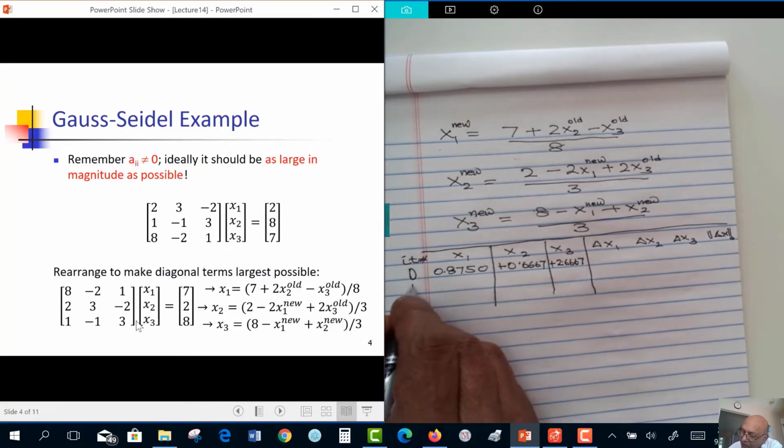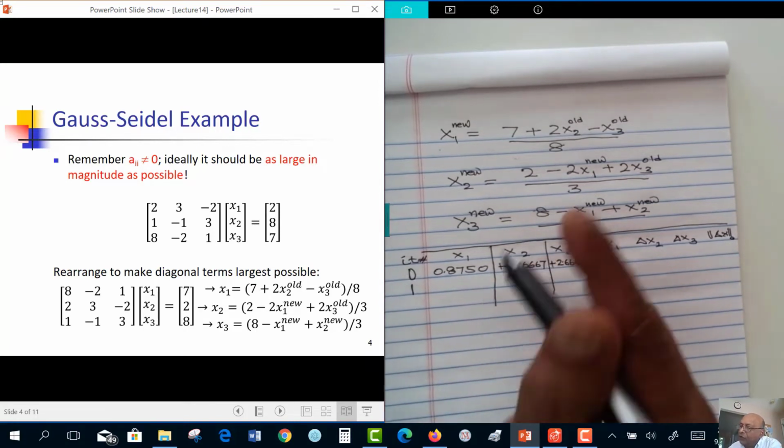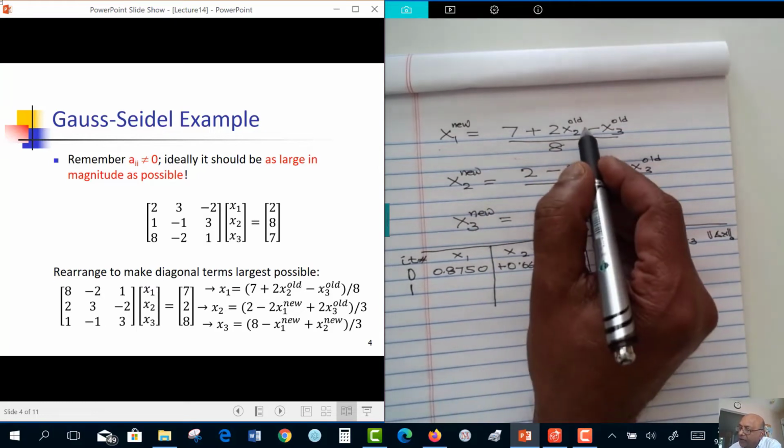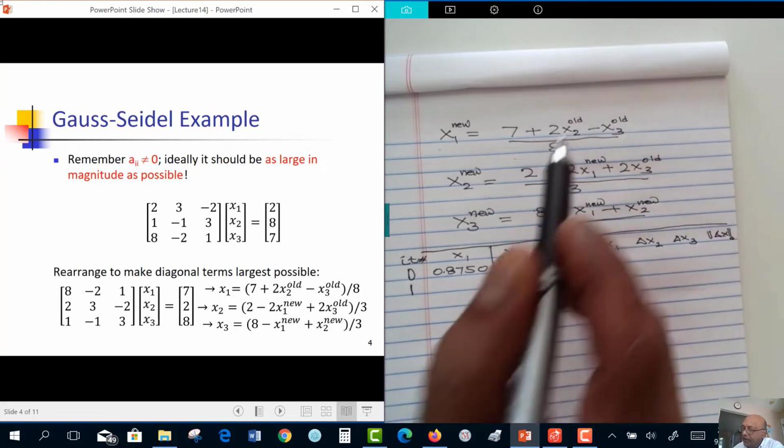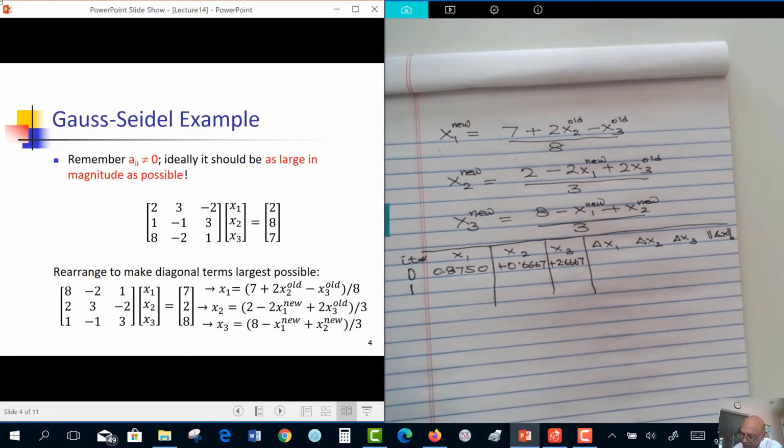So we go to our first iteration. We put in x2 old here, 0.6667, 2.667 here, and let's see what we get. So take out your calculator, please. 7 plus 2 times... I'm keeping 4 decimal digits.